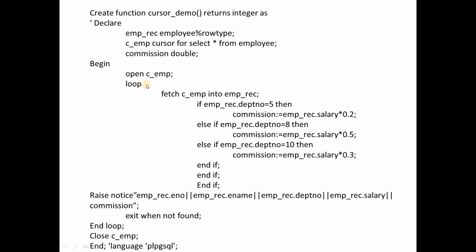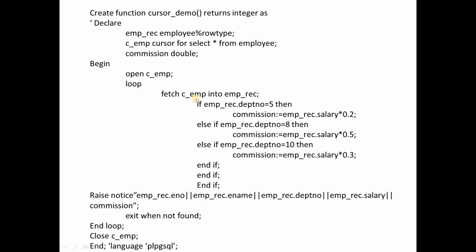After that I use a basic loop here, because I have to iterate over the complete result set, because each and every employee I have to check which is present in department number 5 or 8 or 10, and then apply the commission as per the department, and then I have to print all the records of every employee. Okay, and that's why I use a basic loop here, because I have to iterate in that cursor variable which holds the complete result set of your employee.